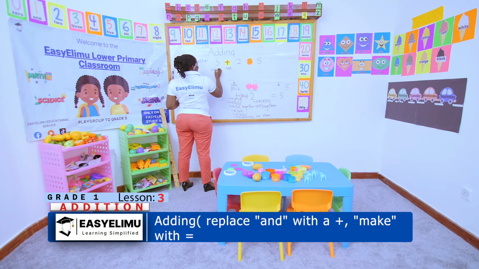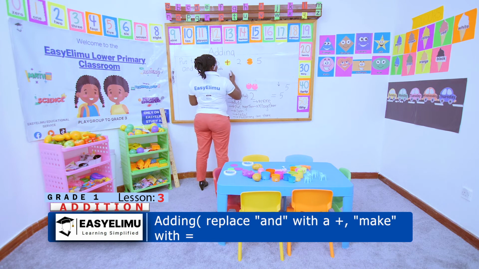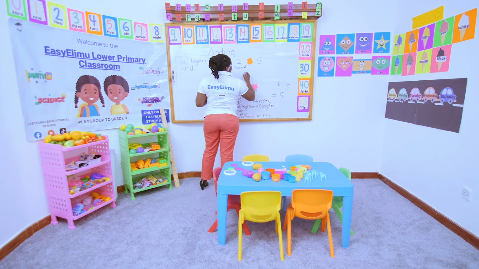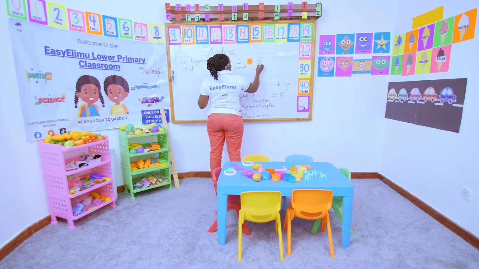Addends. 3 and 2 are the addends. And this is the total, the sum.